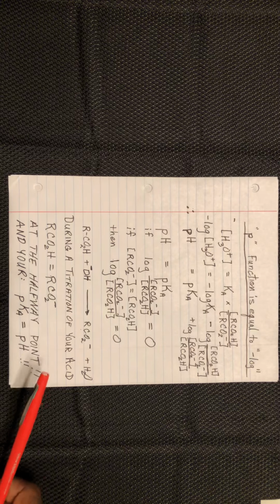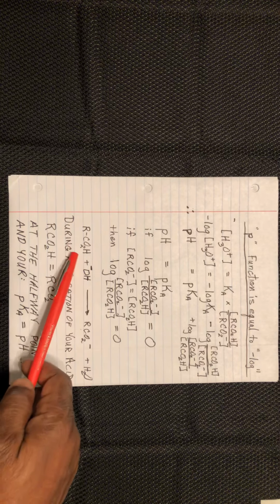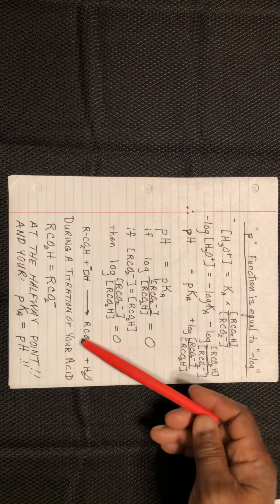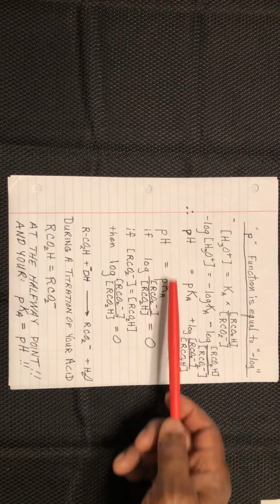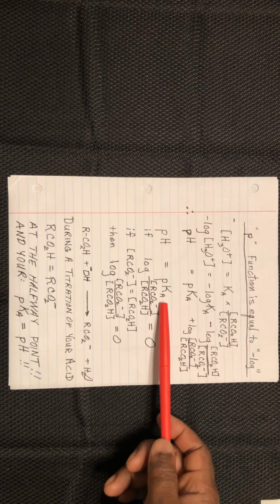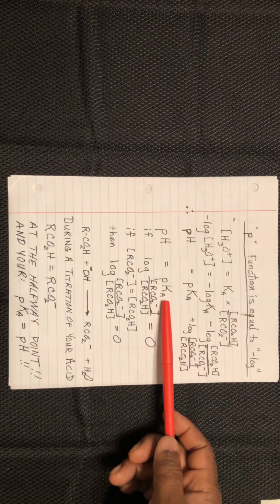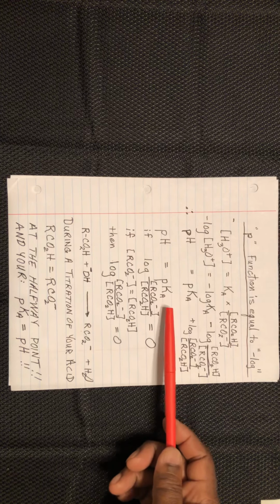So halfway during a titration of your carboxylic acid, these two quantities will be equal, and therefore we would have the occurrence of pH equaling pKa, or the pKa value equaling the pH at halfway during the titration.